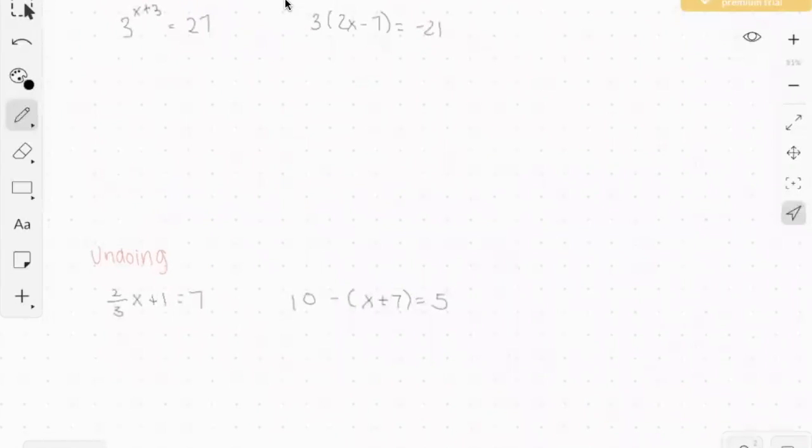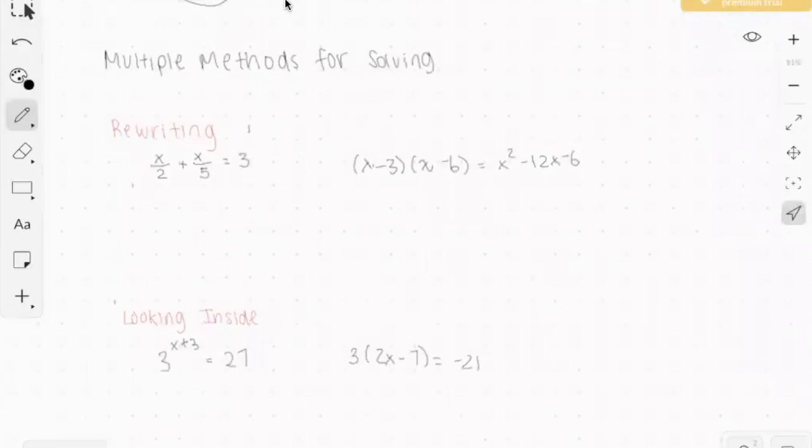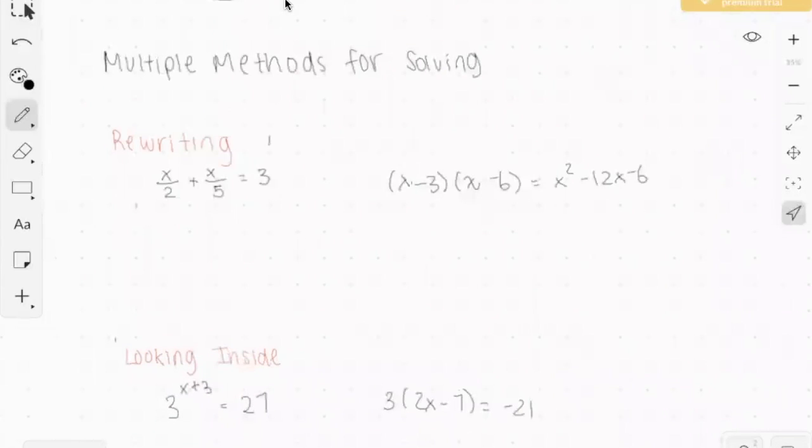And then undoing is simplifying, except basically using simple multiplication or simple arithmetic, addition and subtraction, to basically simplify the equation so it's easier for you. And then, so we will start off with rewriting.